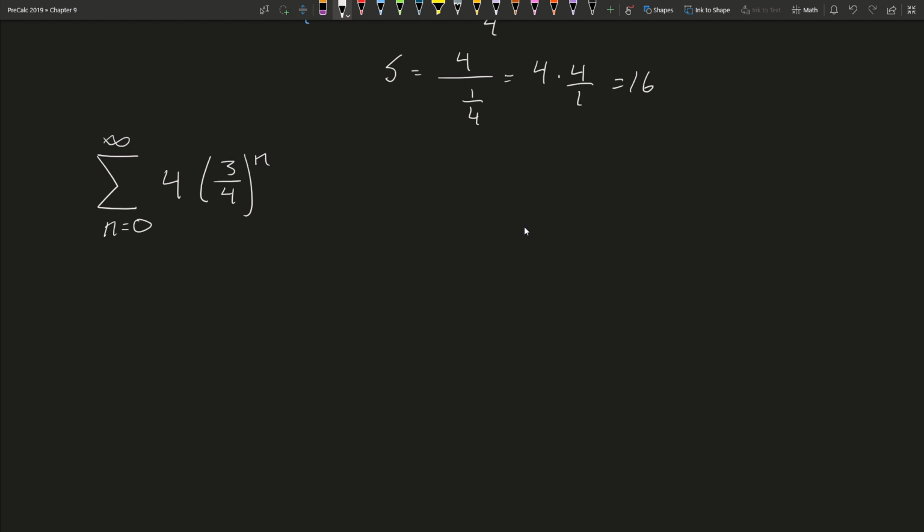Now we want to find the sum of the infinite geometric sequence, given what you have on your screen. Write your answer as an integer or a fraction in simplest form. In this case, we have to be a little bit more careful because our lower limit is n equals 0 instead of n equals 1. So our first term is really our 0 term, which is just equal to 4, and our common ratio, again, is 3/4.